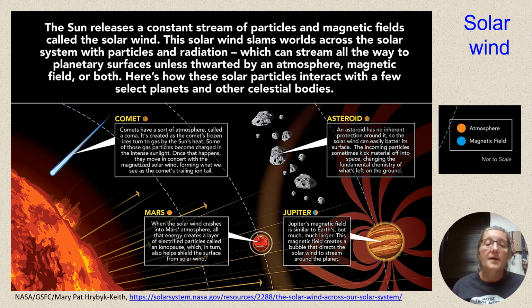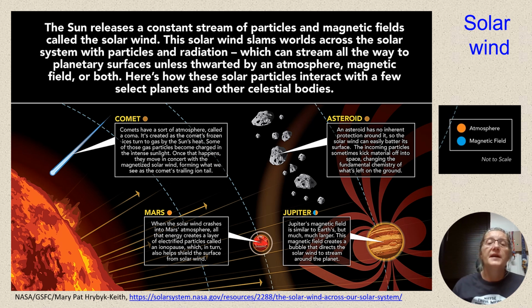We can see it interacting with planets and planetary atmospheres. It interacts with asteroids and everything, all right? And so planets that have magnetic fields are able to shield themselves from this ionizing radiation from the sun. Those that aren't able to, if you don't have a magnetic field to protect you, you're going to get hit with that ionizing radiation from the sun, essentially, all right?